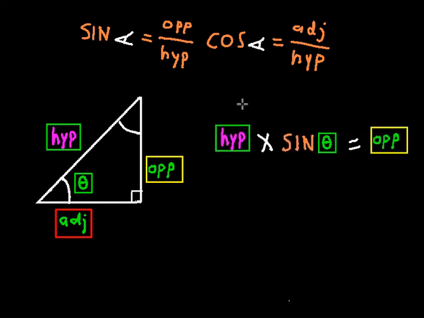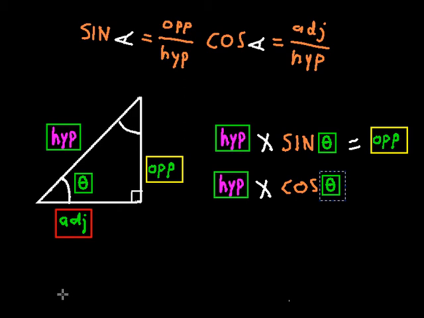So by looking at cos theta, we can say the hypotenuse times the cosine of theta is equal to the adjacent.